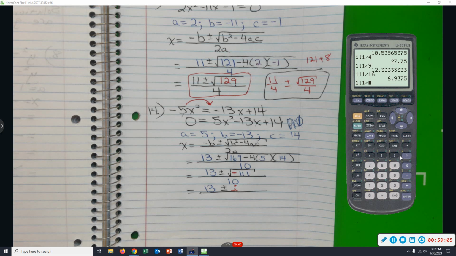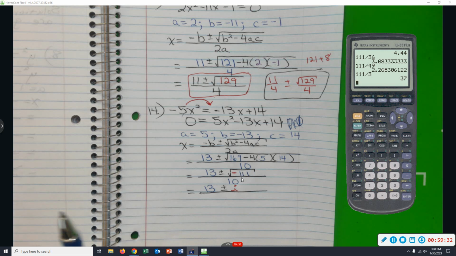Here's something I noticed. 111, 1 plus 1 plus 1 is 3. That's divisible by 3. Take 111 and divide it by 3. I bet you we're going to get a prime number. 37. There are no perfect squares that divide evenly into 37, so the square root of 111 cannot be reduced.